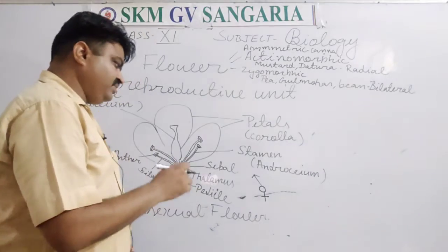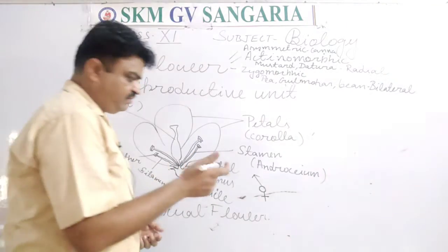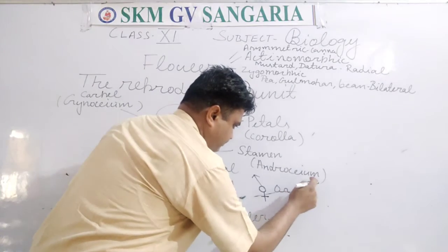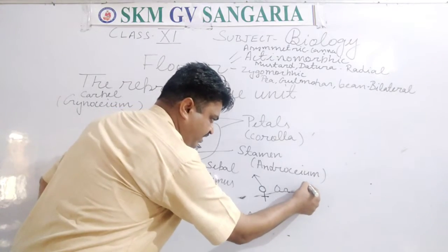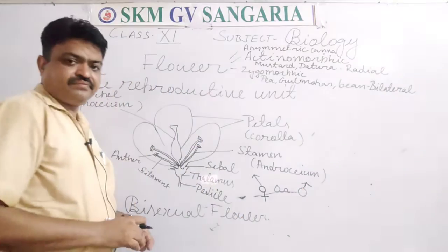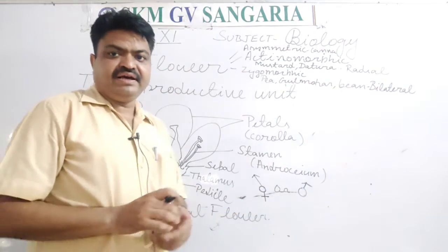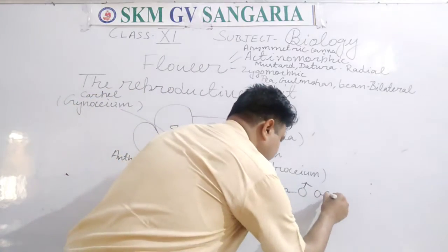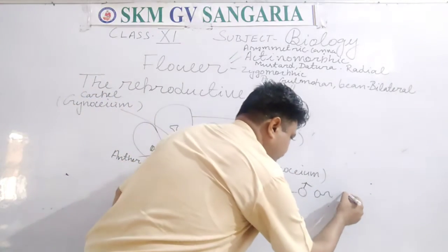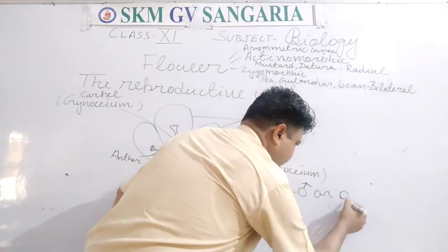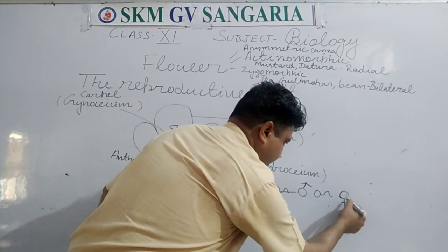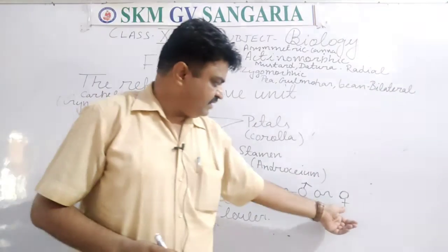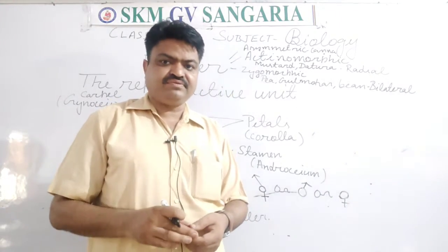If there is only one type, if there is only the upward arrow with the N circle, it can be considered a male flower, student. It is a male flower. Or if there is only one cross with the N circle, then it is known as a female flower or female unisexual flower, student.